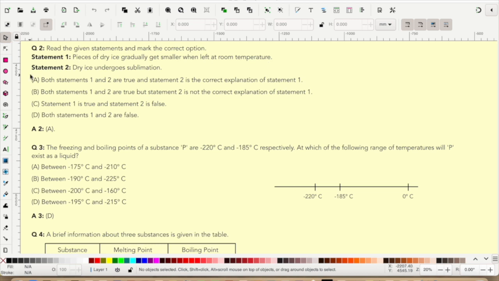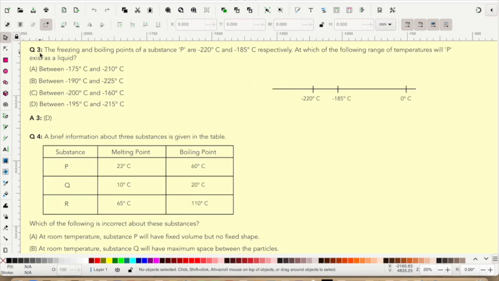And statement 2 is, dry ice undergoes sublimation, which is correct, means solid directly changes to gas without passing through liquid state. So option A, which is both statements 1 and 2 are true, is correct, and statement 2 is the correct explanation of statement 1, which is also correct. So correct option is option A.